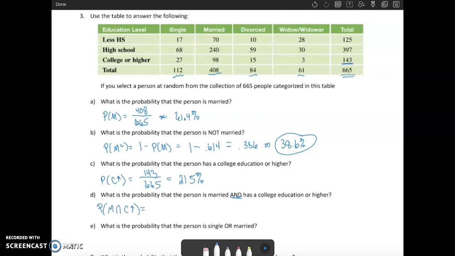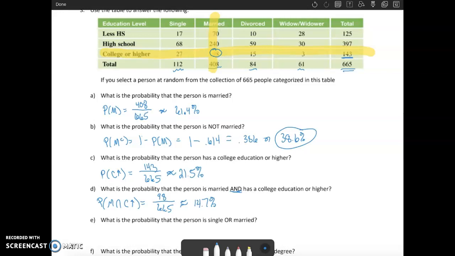If I follow this married column down and then across the college or higher row, the intersection there, the overlap, is 98 people. It's a little bit hard to read, but it is 98. So there are 98 people in that intersection out of 665. Dividing that out is approximately 14.7%.